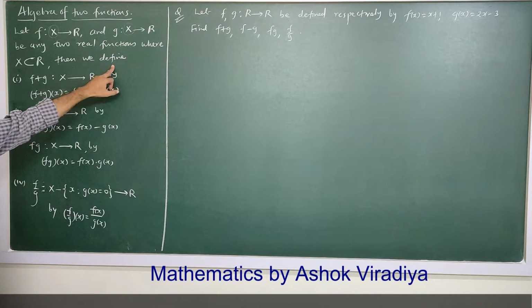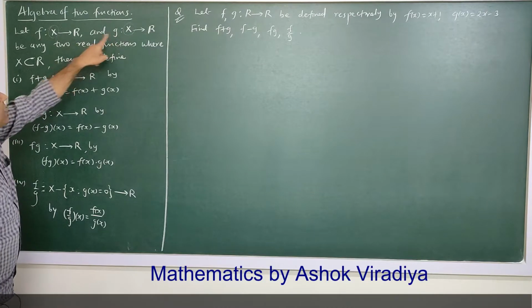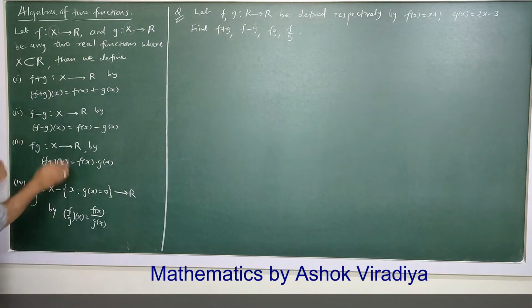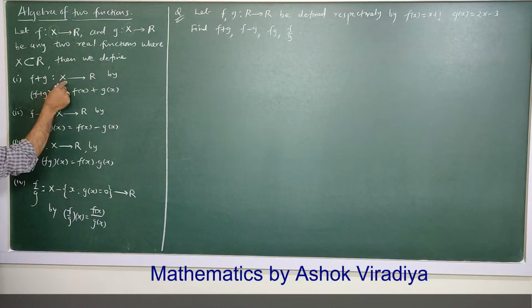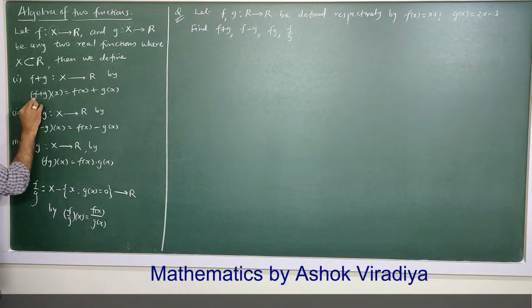Then we define a new function f plus g. It's a new function, a new machine, whose domain will be the common X. See, f and g both have domain X, so f plus g will also have domain X, from X to R. And its working is given by (f plus g) of x.